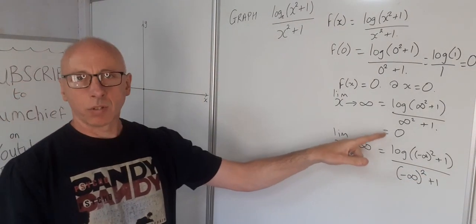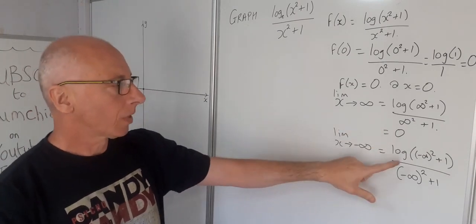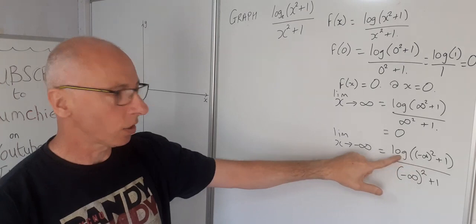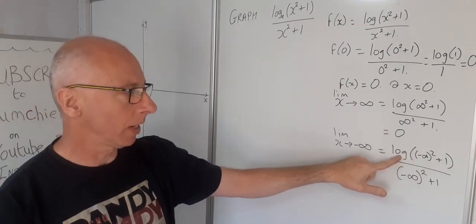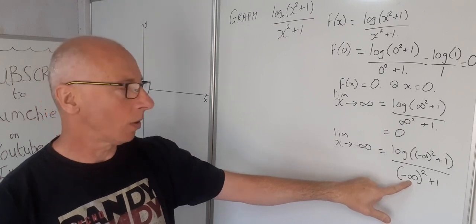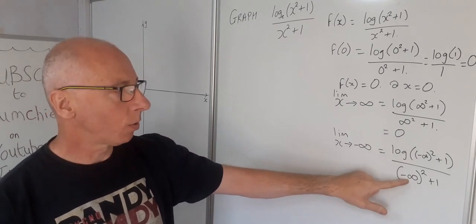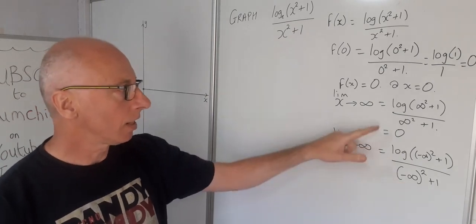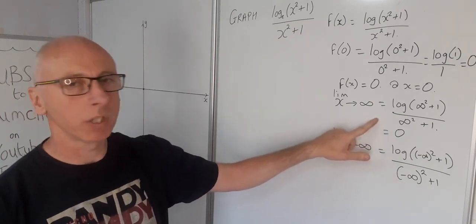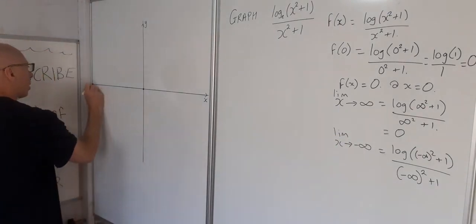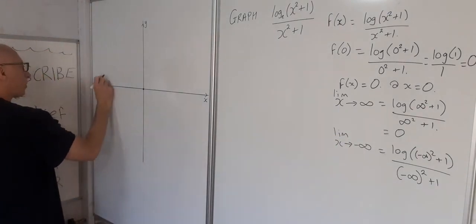Well, this is just going to yield the same answer as we got here. So negative infinity squared is going to be a positive number squared. So that's good for the logarithm, so it's going to be defined. And negative infinity squared on the bottom will give us also a positive. So it's always going to be positive as it approaches negative infinity, the same as when it approaches positive infinity. So when we're coming out here, it's going to approach 0 from the positive side.